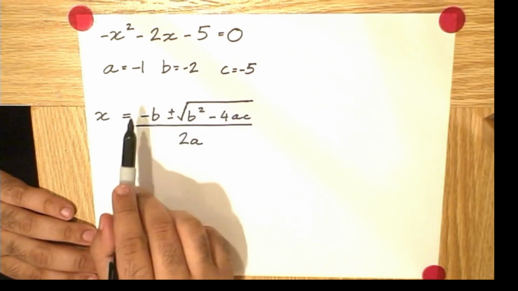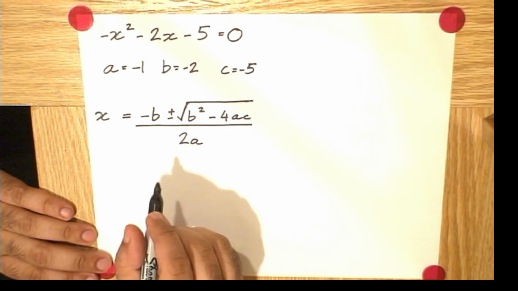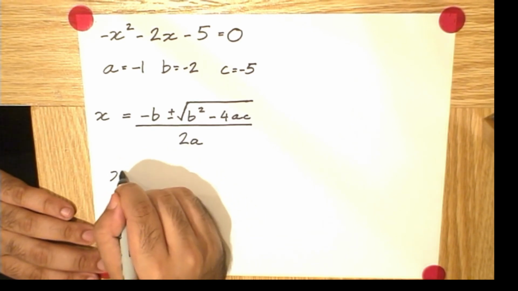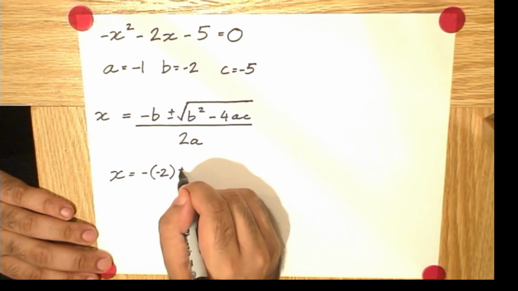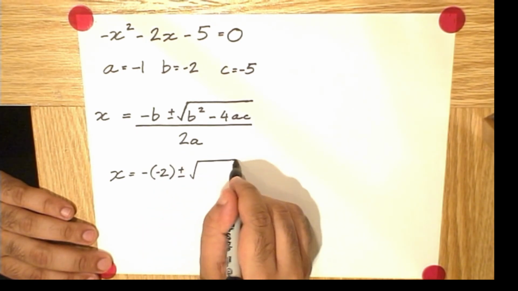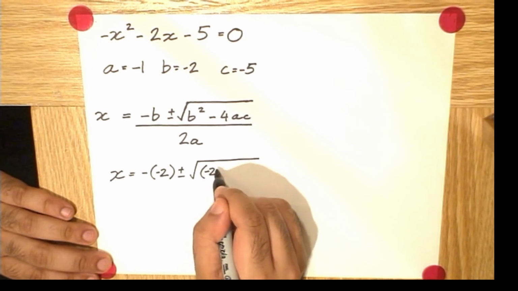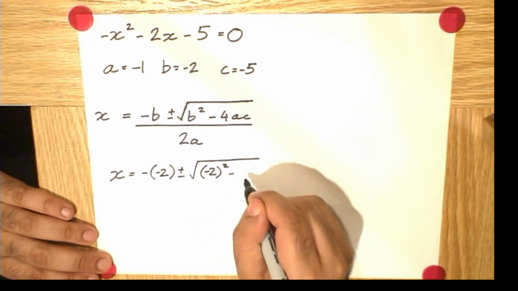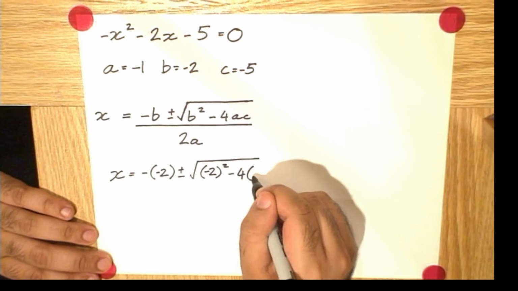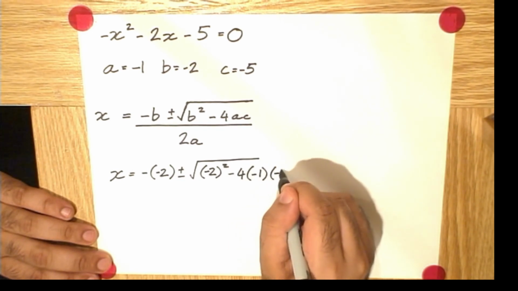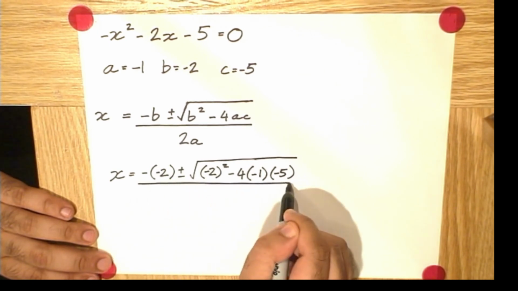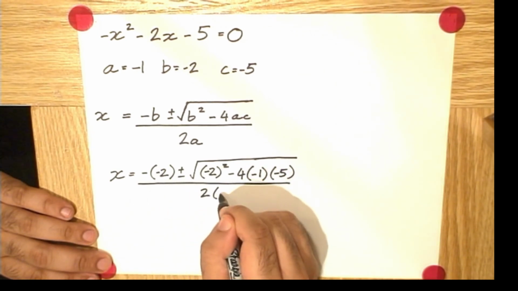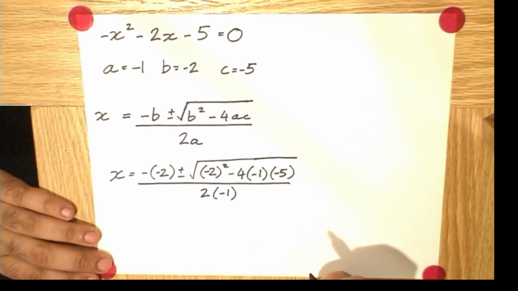Let us plug all this information into the quadratic formula. X equals negative b, b is -2, plus or minus square root of -2 squared minus 4 times -1 times -5, all divided by 2 times a, -1.